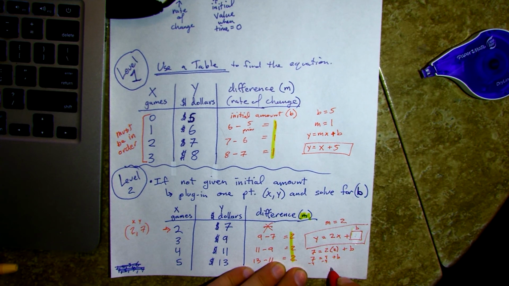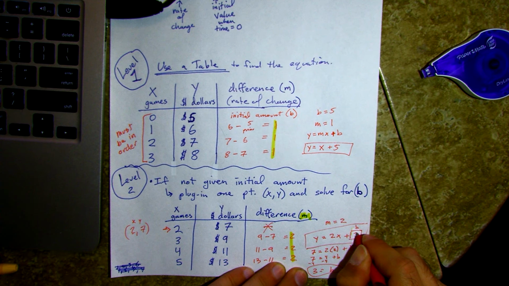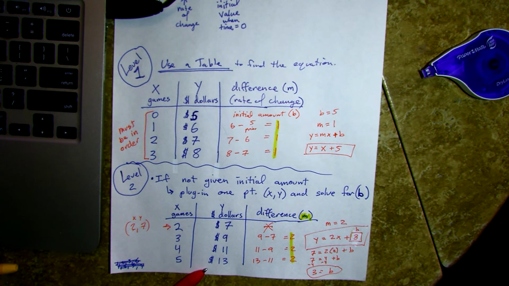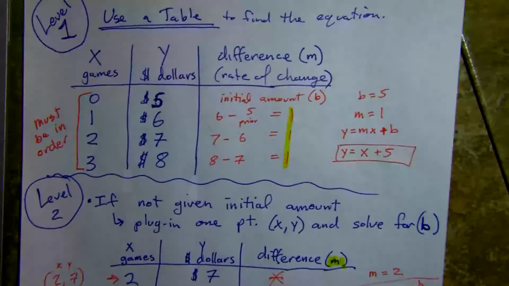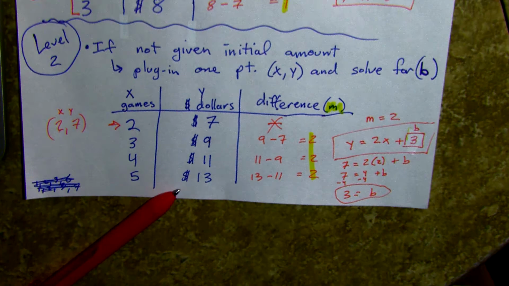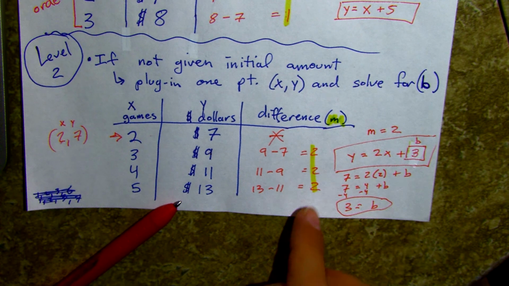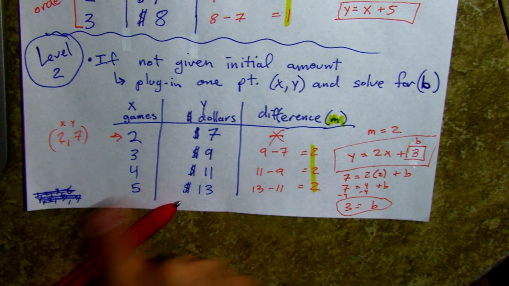I found my slope, my m value, by finding the differences between each of our games. We know m is 2. So I went in and I used my slope-intercept form. I put 2 in for my m value, mx plus b. I didn't know my b value, so I set up my equation with my b value in it here, and I plugged in the point 2, 7.